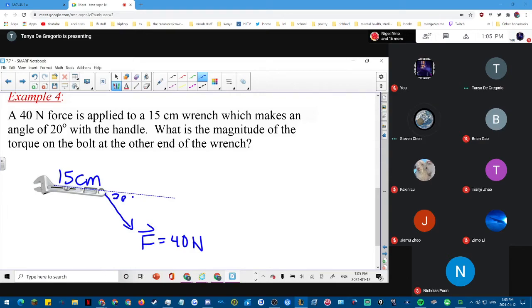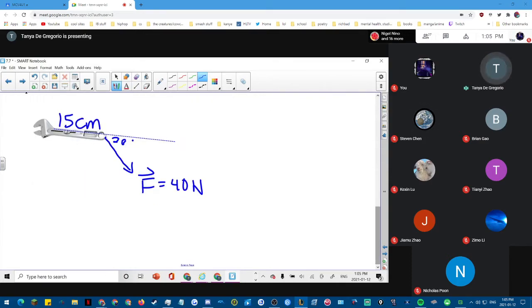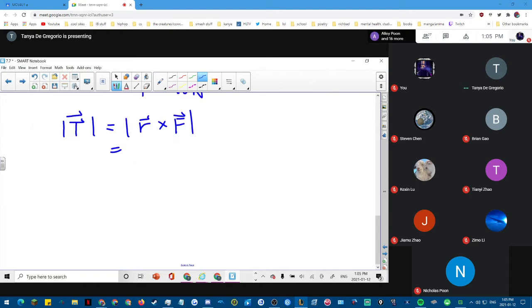Good. Excellent. Okay, so now I want to find the torque. And so all I have to do is plug into the formula. Notice, guys, that I'm taking the magnitude because torque is a vector.